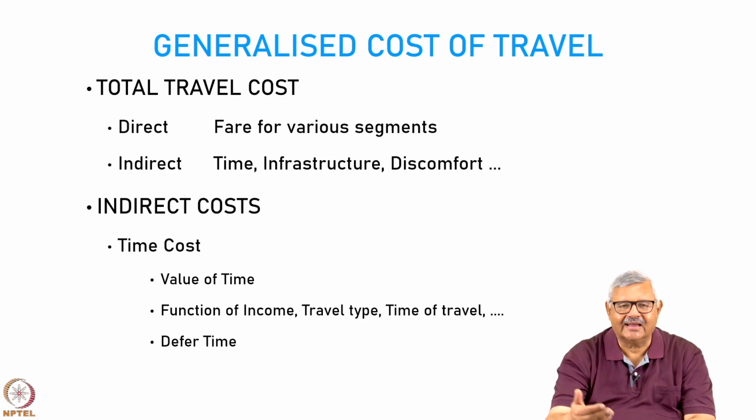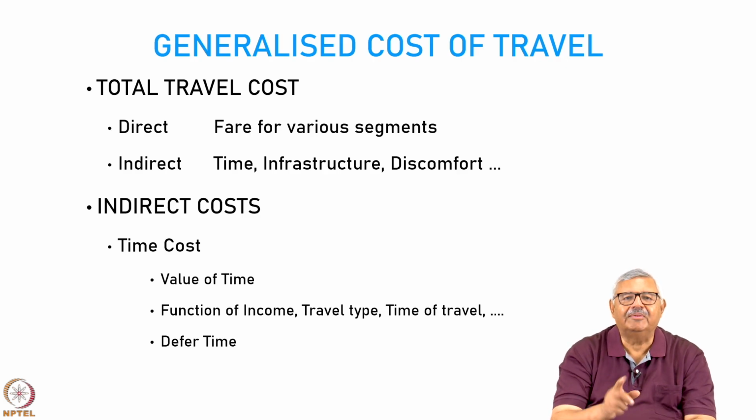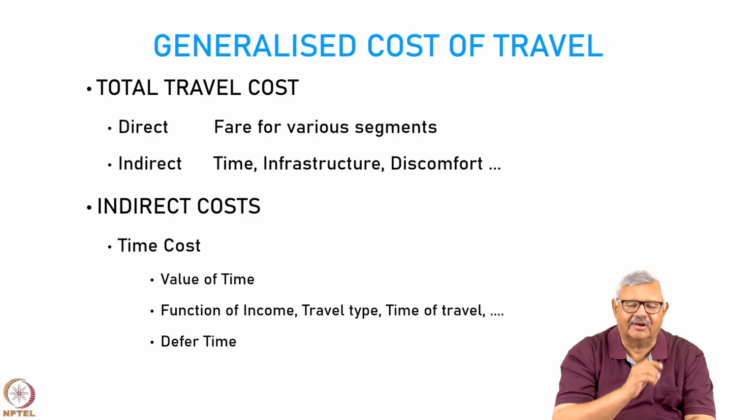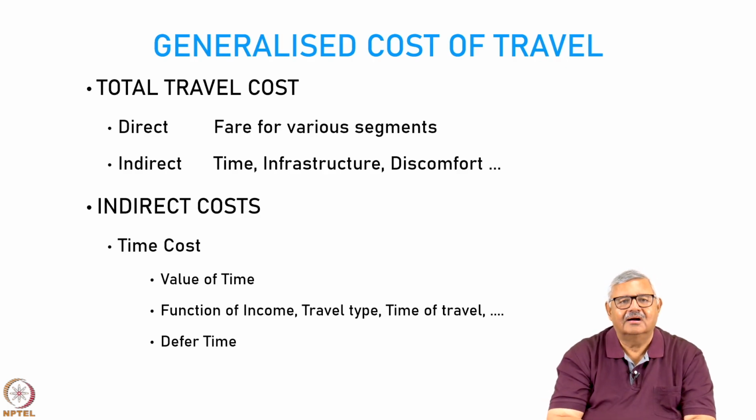Now if I look at the timetable, I find that the next flight is only at 4 o'clock, which means I have to wait from 10 o'clock to 4 o'clock to be able to start my journey, and then I reach Pune maybe at 4:45 or 5, and then I have to travel another 1.5 hours. I am actually going to reach quite late.